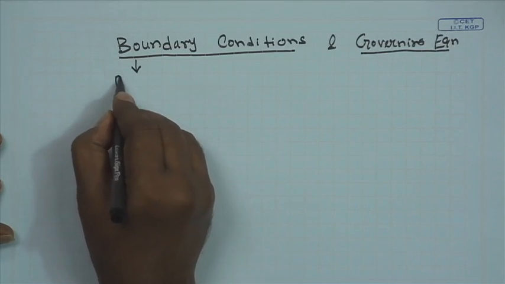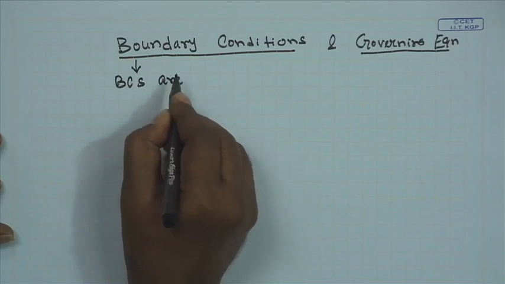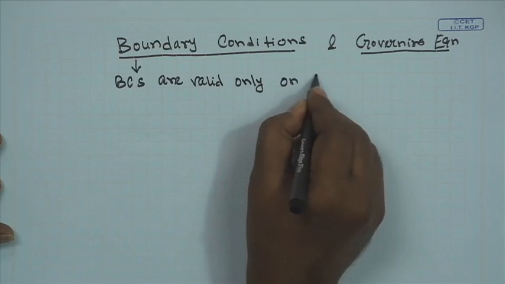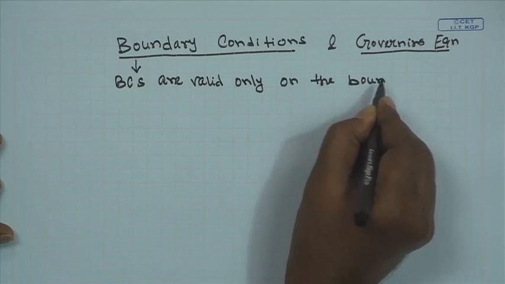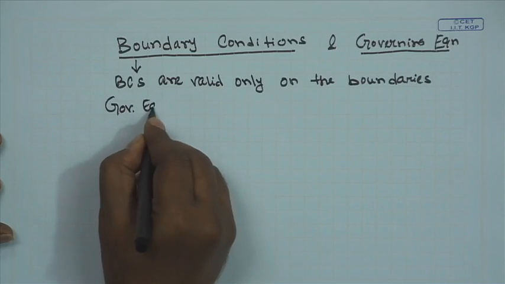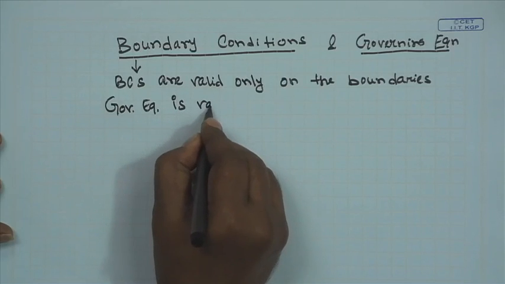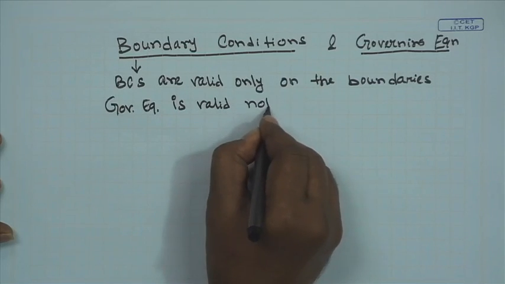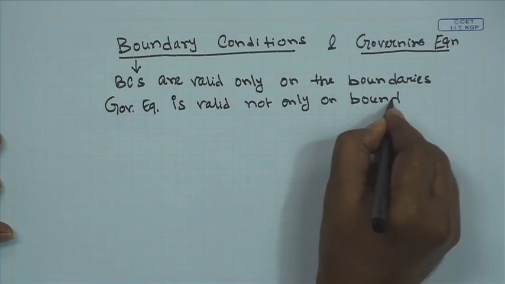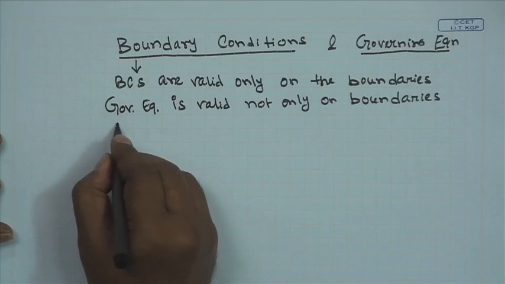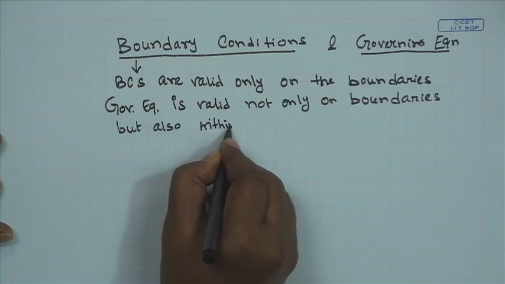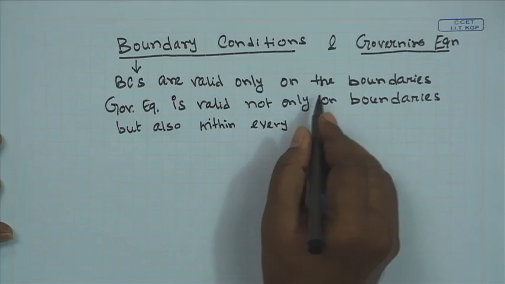Boundary conditions, BCs, are valid only on the boundary, but governing equation is valid not only on boundaries, but also within every point of control volume.